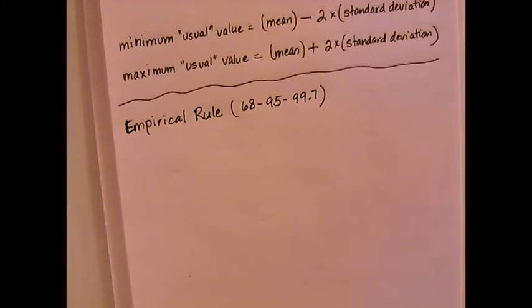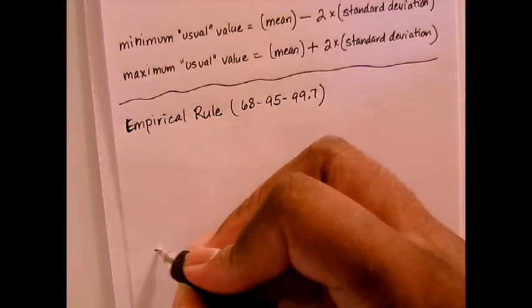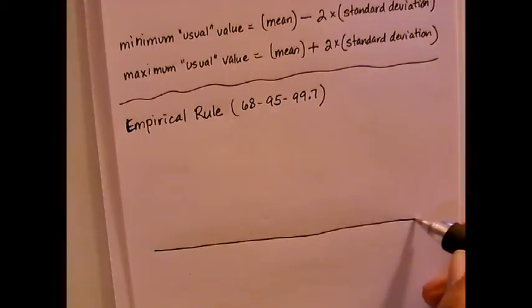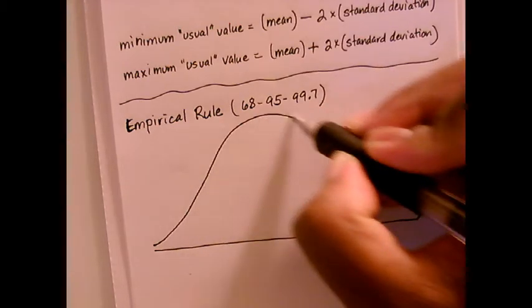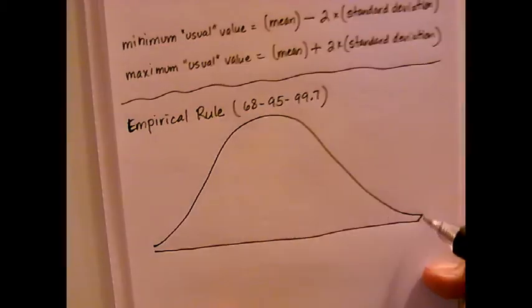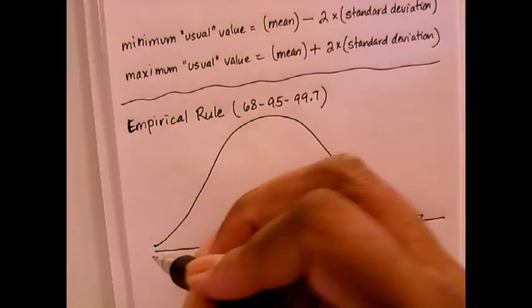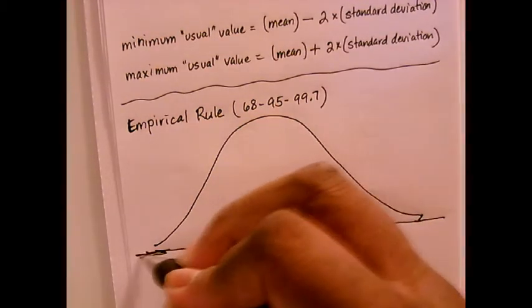Now what that rule states is this. It will be best for me to draw a normal curve that looks like this. And I want you to know this is not the best normal curve.